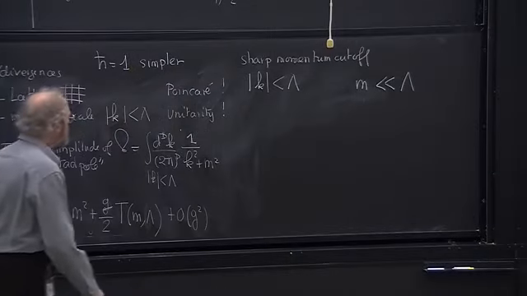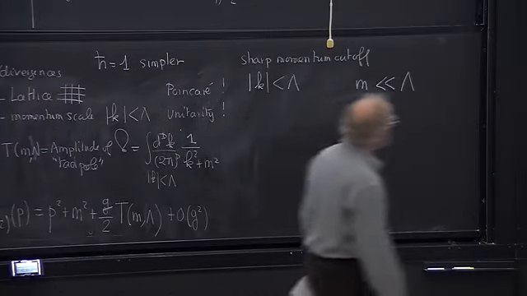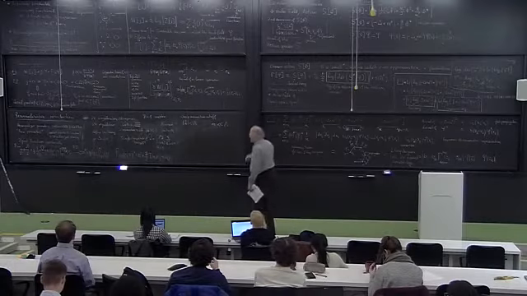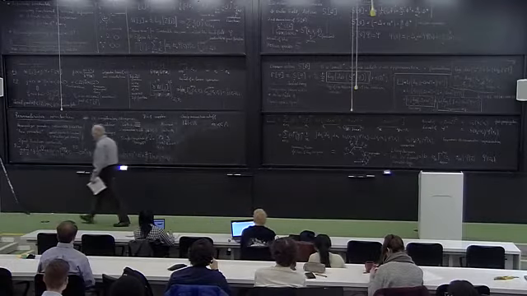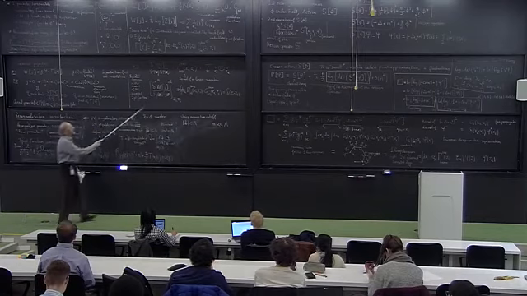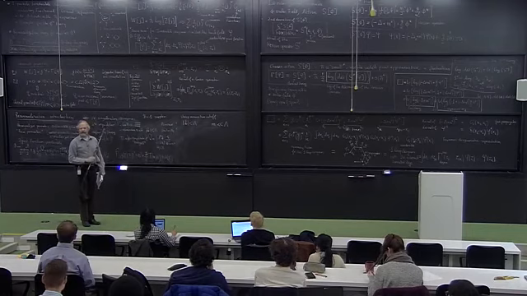Now remember one of the results I stated and that I erased, of course, is that the irreducible two-point function is the inverse of the connected two-point function.